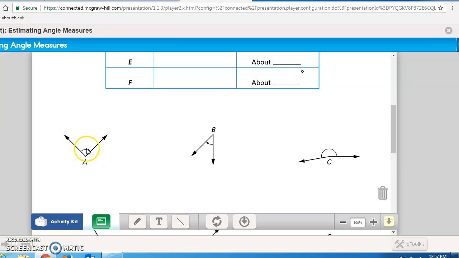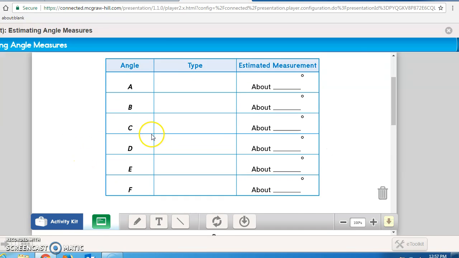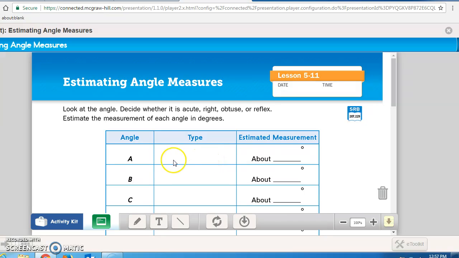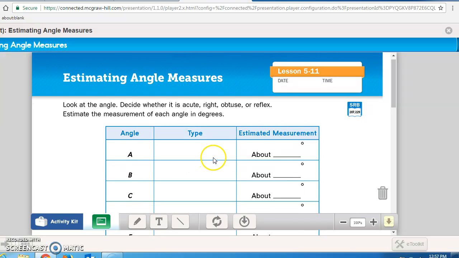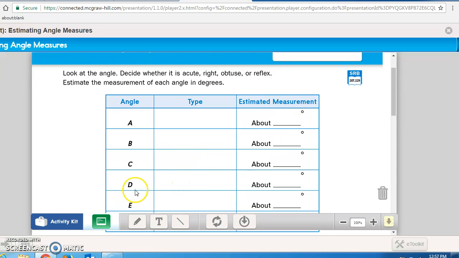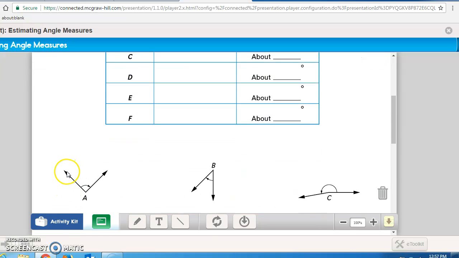So here is A. Is A a right, obtuse, or reflex, or acute? And you write that here. And about how many degrees is that? I would probably take a Post-it note and lay it in here and see if that gives you a hint to A. B should be obvious just by looking at it, that it's small, and boy is it cute.